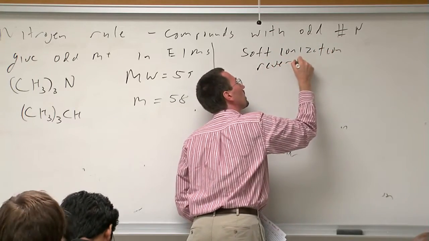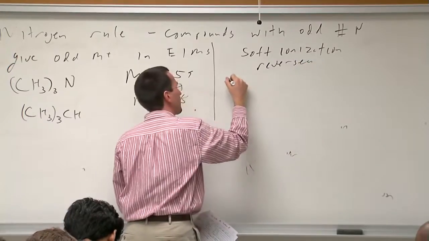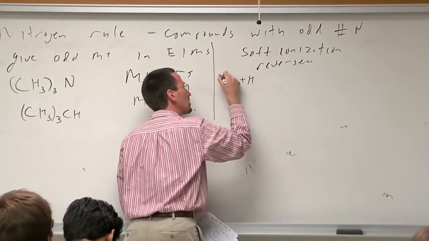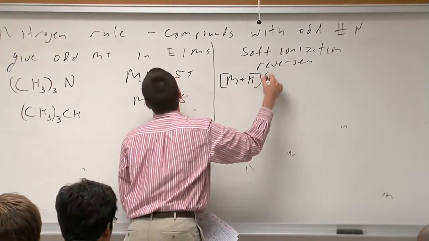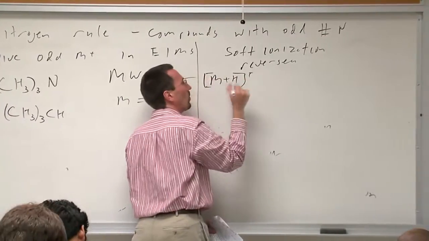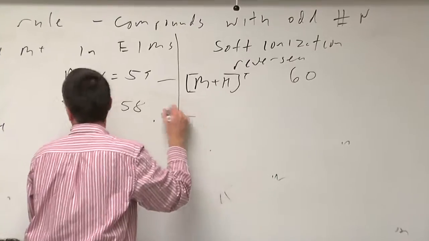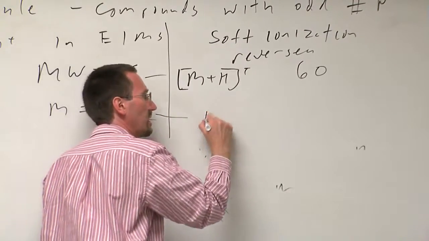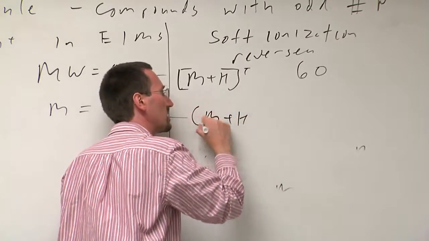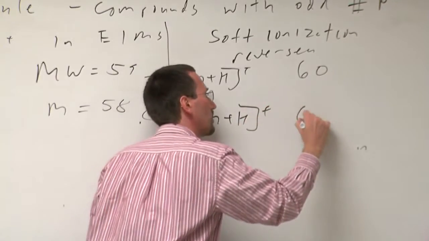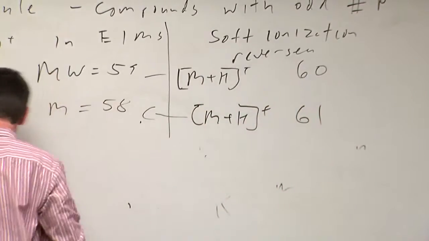It's reversed. So for example, M plus H plus for trimethylamine now would be 60. And if you were somehow protonating this, which you might do in the CI mass spec, it would be 59.